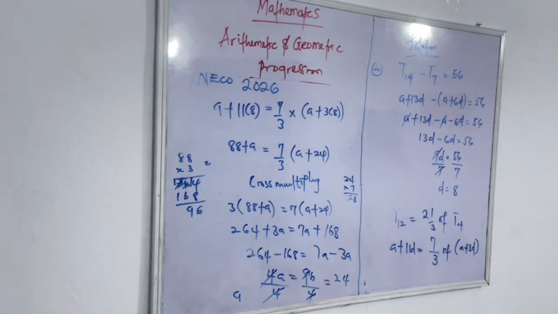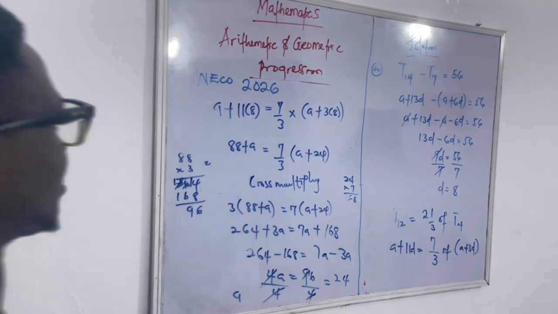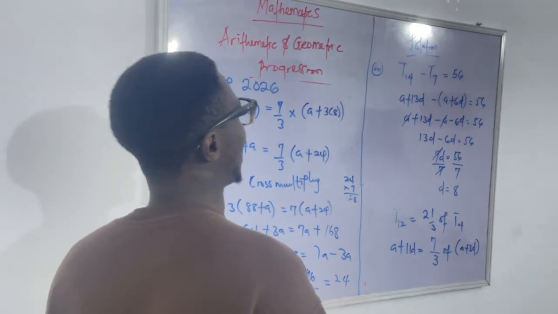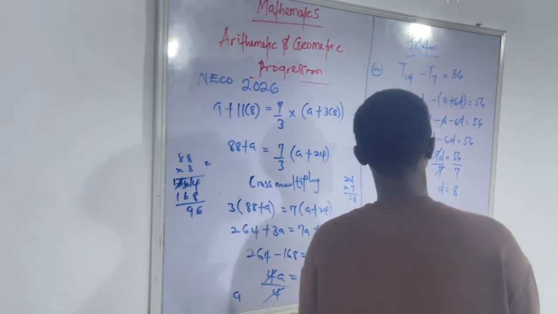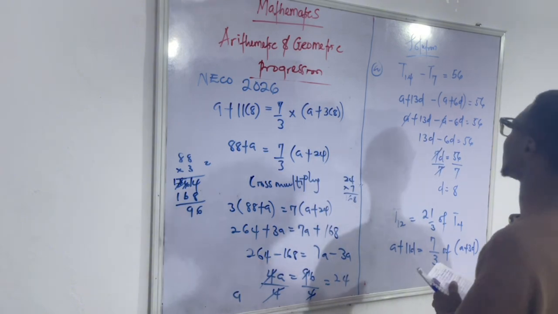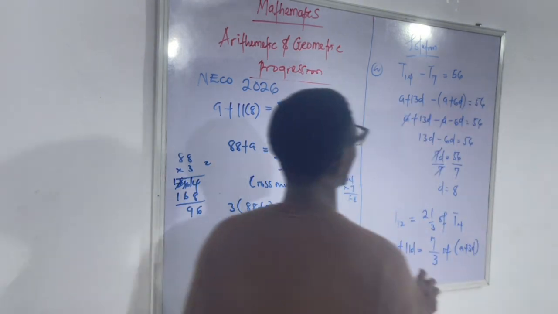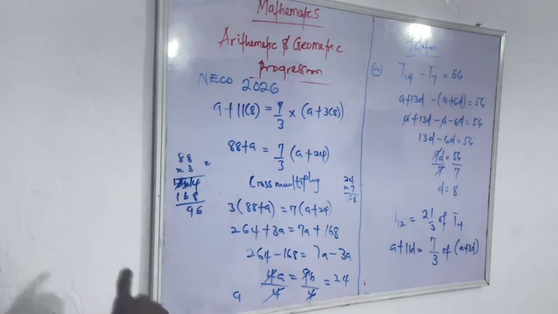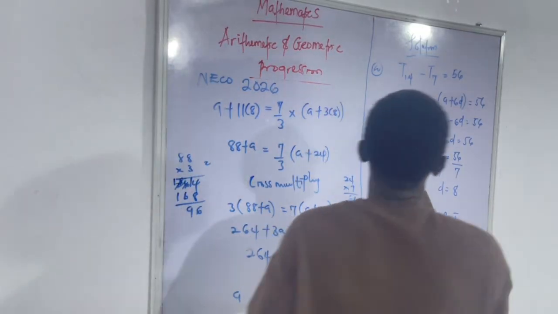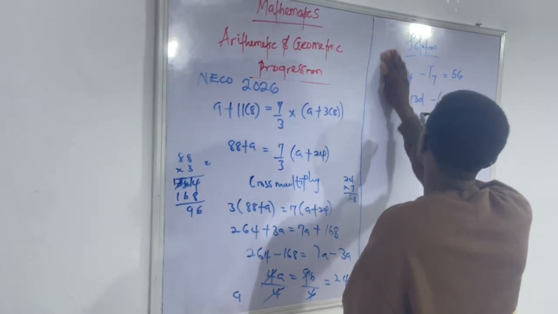Are we together? So the next thing we need to do is to find the sum of the first 9 terms. So having done this, we will just find the sum of the first 9 terms.